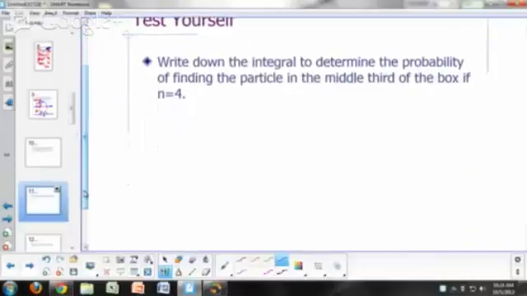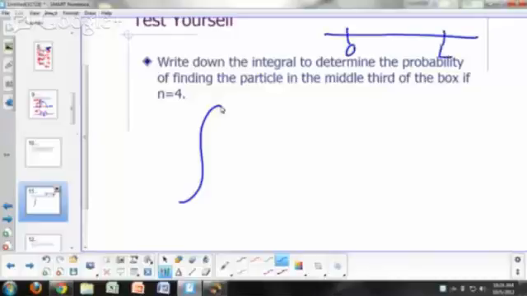Okay, what would be the integral if you want to determine the probability of finding the particle in the middle third of the box? What would your integral be? What would be your limit? Your box goes from 0 to L, so where's the middle third?